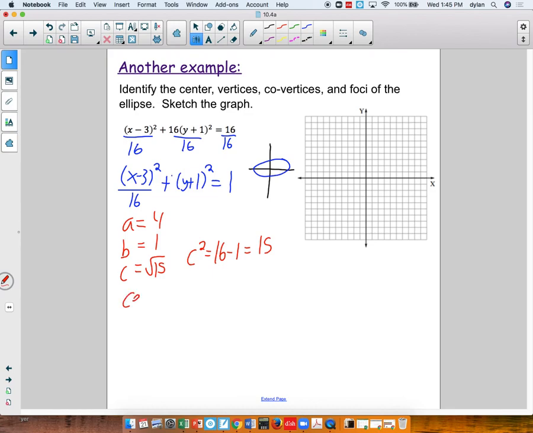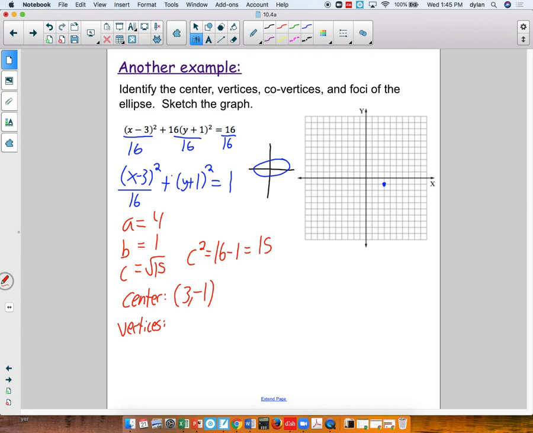So now let's see if we can come up with all the critical information. Our center for this one is going to be at (3, -1), because our H value is 3 and our K value is negative 1. So I'm going to start by putting in our center, right there. And then our vertices in this case are going to be horizontal, so they're going to change the x coordinate.